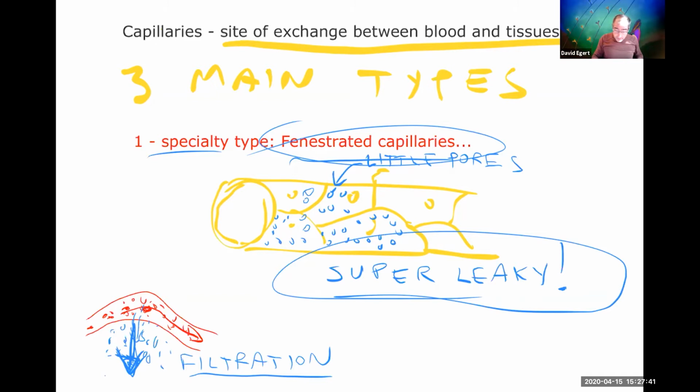Another specialty type. They're called sinusoidal capillaries.